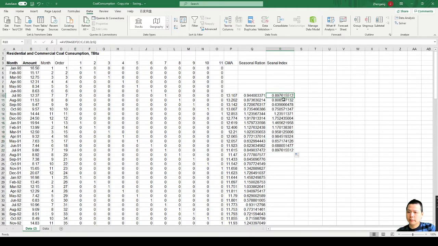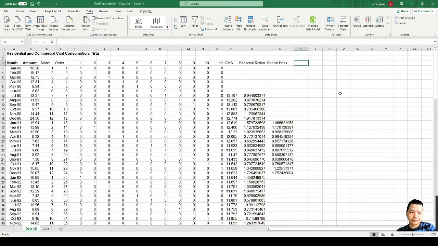We'll see that from this July to this July, they would be the same. And then you can choose to start from January to December, which makes it easier. January to December, 12 entries.